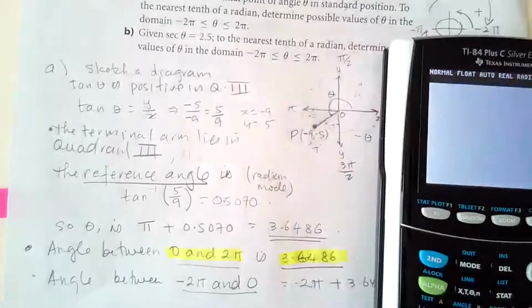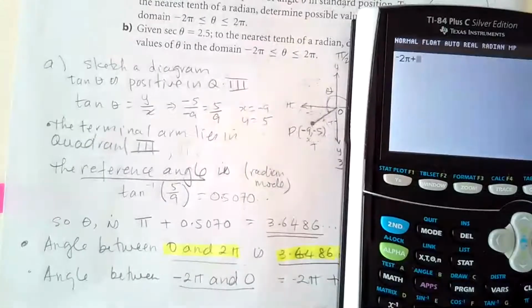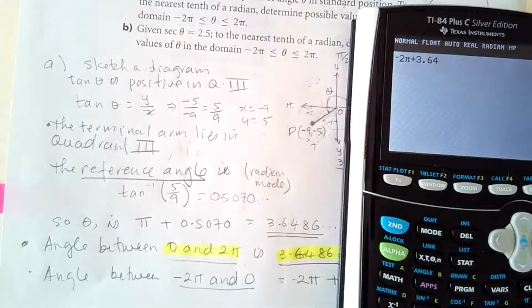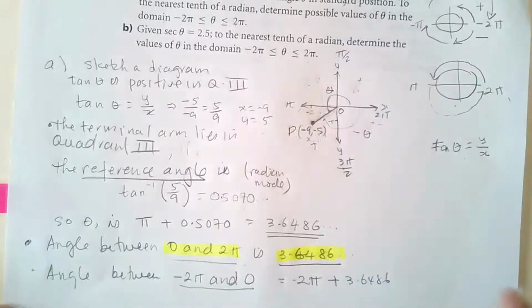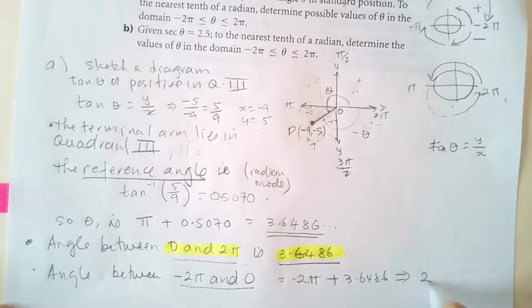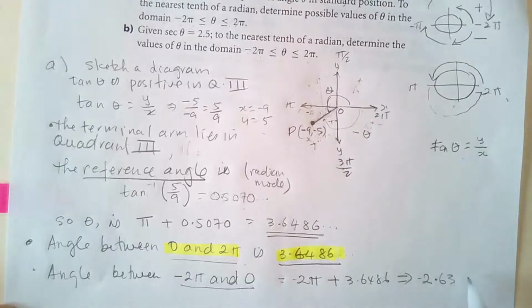So we have negative 2 pi plus 3.6486, and it goes on. So we get negative 2.6345.